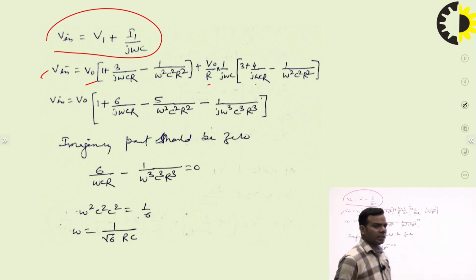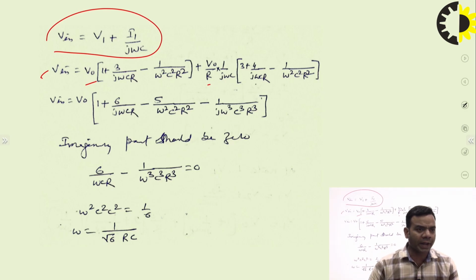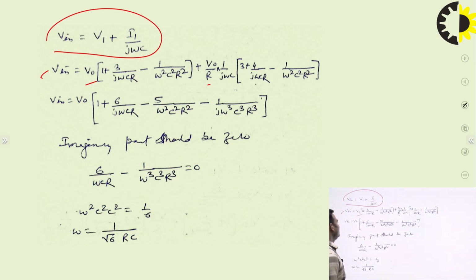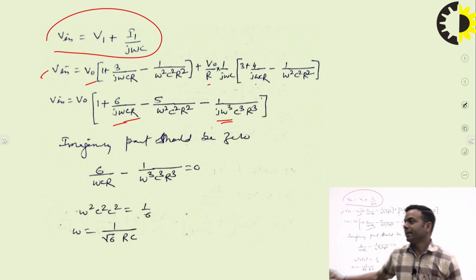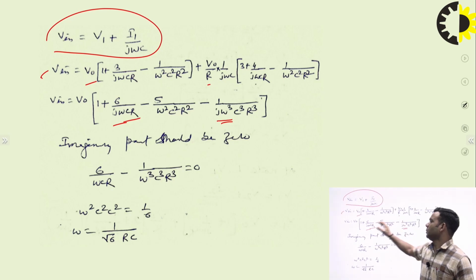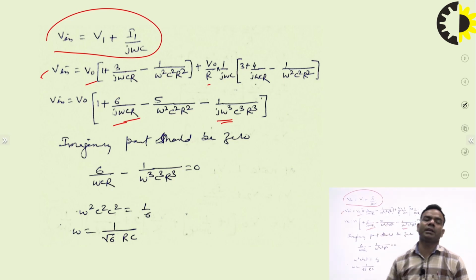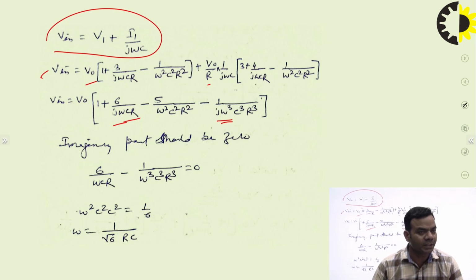You can remember one thing, that whenever you derive an expression for f0, the frequency of oscillation for any kind of oscillator, then you need to equate the imaginary terms to 0, or in other words, this factor between input and output should be independent of the imaginary terms. It should be fully real part. So how can it be real? When the imaginary part becomes 0.